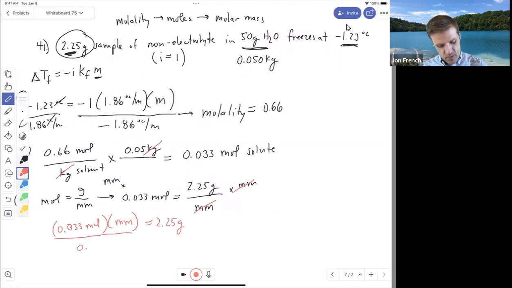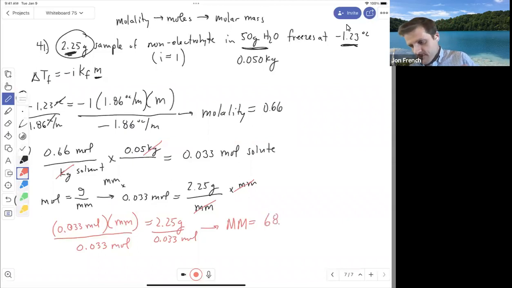Divide by 0.033 moles to get molar mass by itself. And I get molar mass, which should have units of grams per mole. That's what we do. So 2.25 divided by that, and yeah, I get like a 68.05 grams per mole for that.